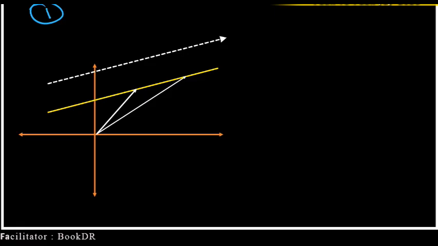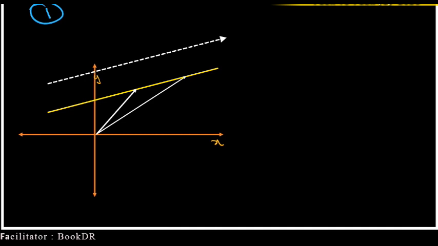On our screen is the x and y axis. We are interested in the yellow line, and that is what we are going to find the equation of in vector form.